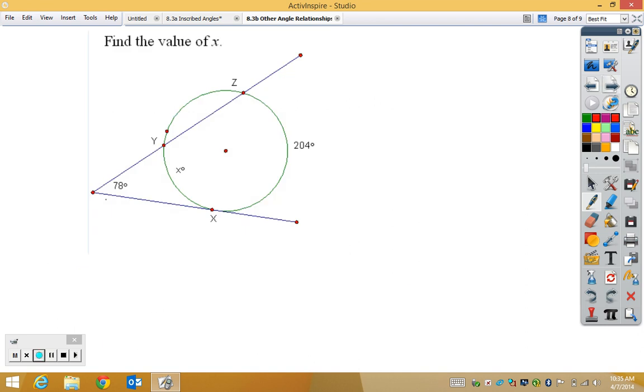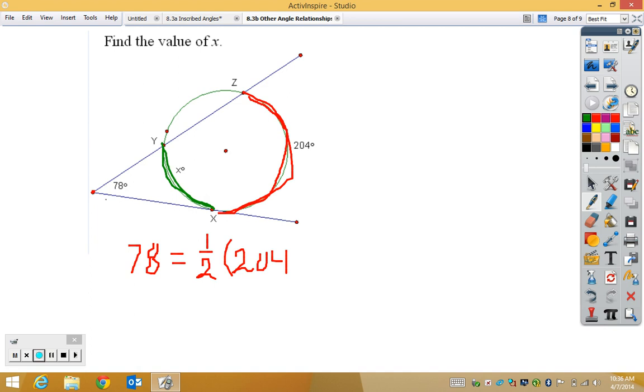Okay. So in this example, we want to find the value of x, and we can see we have a secant and a tangent that intersect outside the circle at a point. So we know that 78, that's the measure of our angle, equals 1/2 the difference of our two arcs. So this arc right here, ZX, is 204, and our other arc, YX, is x.